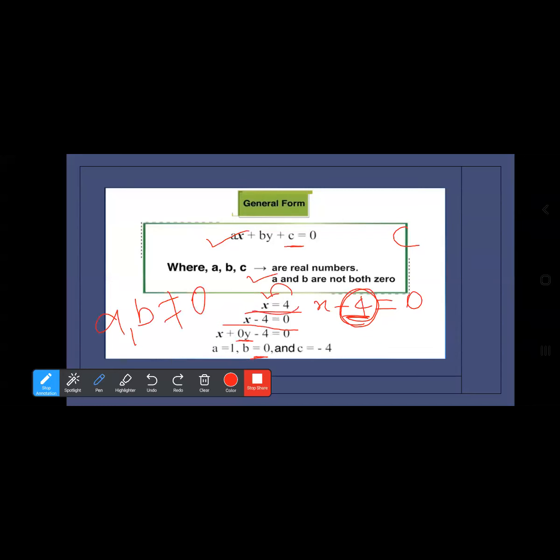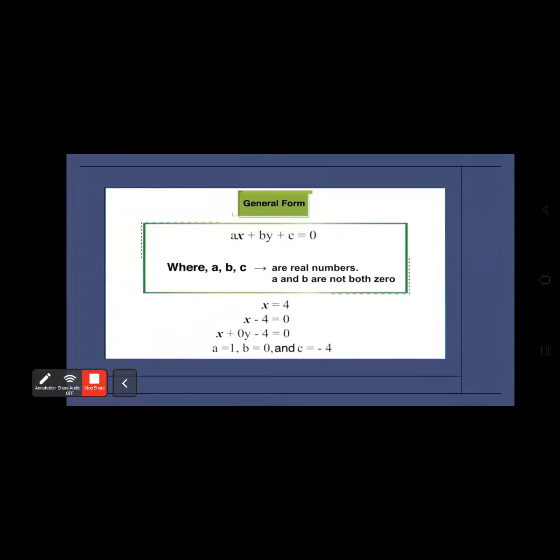So you cannot say that x is equal to 4 is a linear equation in two variables. It is a linear equation but in one variable. That is the difference between one variable and two variables.